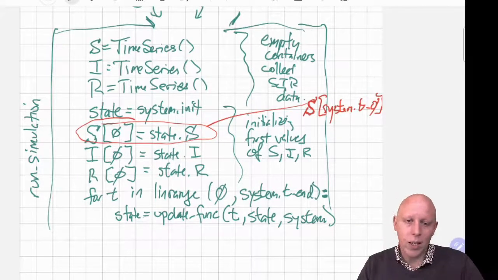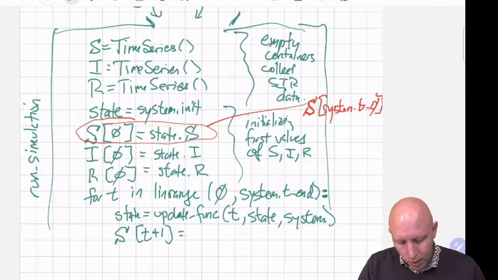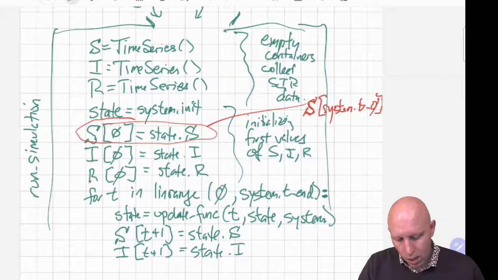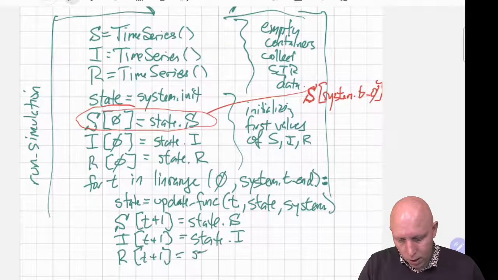We have to figure out what the value is at the next time, t+1, and then we have to put that information into our time series. So S of t+1 is equal to state.s, I of t+1 is equal to state.i, and R of t+1 is equal to state.r.